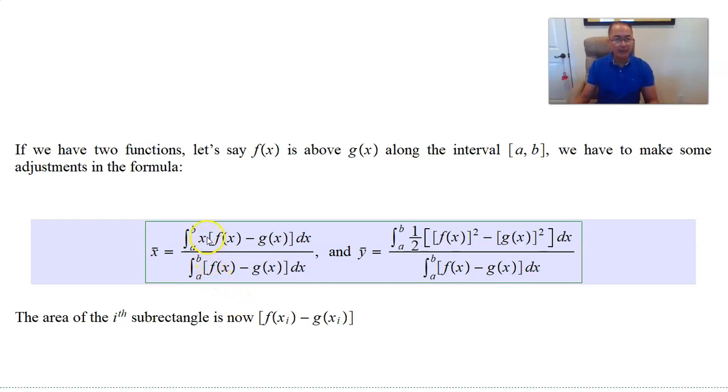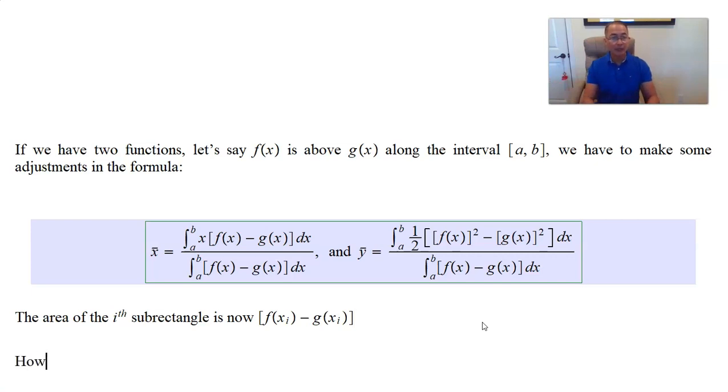So we said that the distance from this rectangle to the y-axis is still xi. That's why that doesn't change. But why is there now a square here minus a square here? Why don't we take the difference and then square the whole thing, right? Wouldn't that be a natural generalization as well?